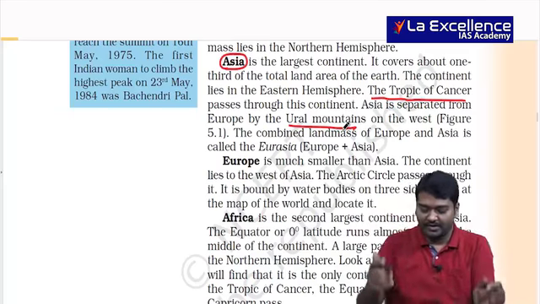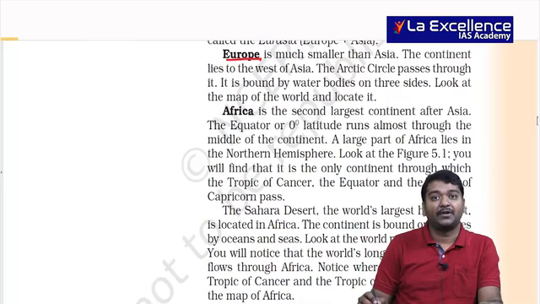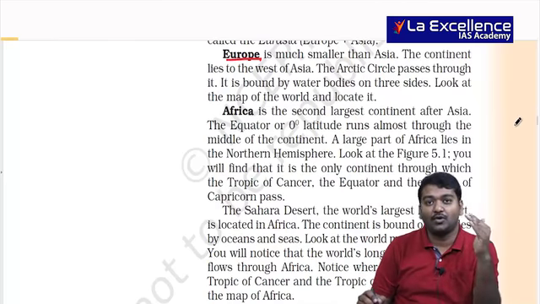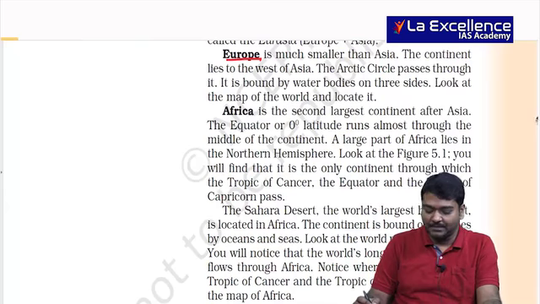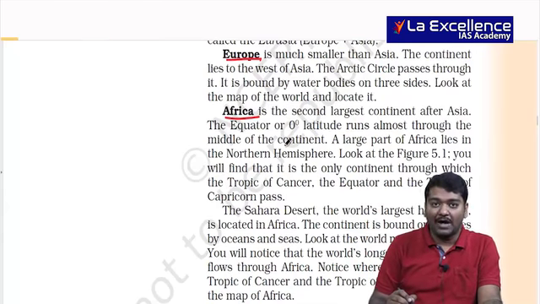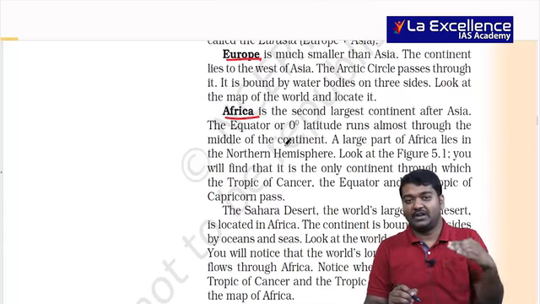Very, very important. Next you have Europe, smaller than Asia, and it is surrounded by the Atlantic Ocean, Arctic Ocean, Mediterranean Sea. Africa is the only continent where you have the equator, 23.5 degrees north and 23.5 degrees south.